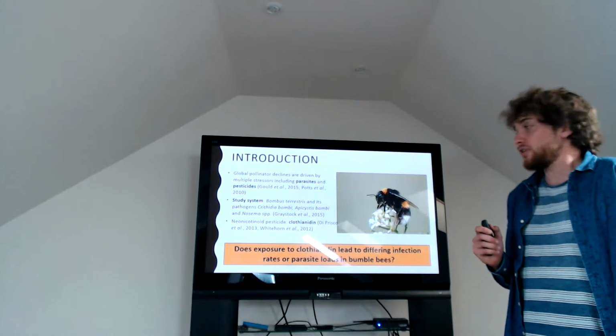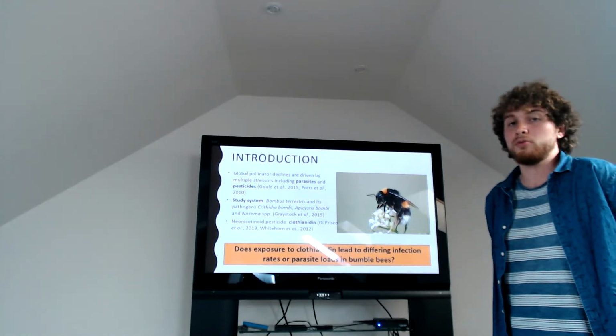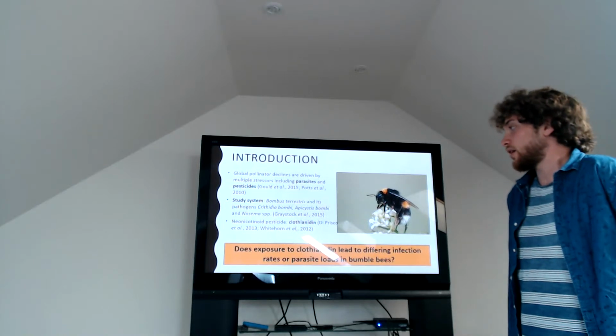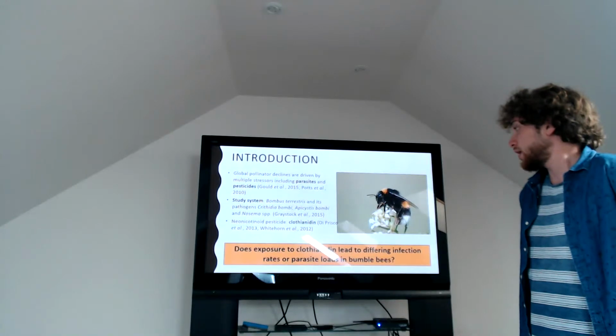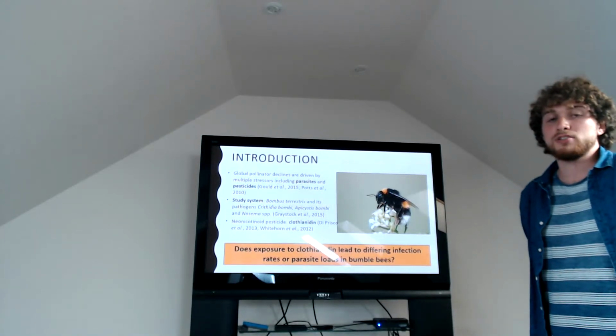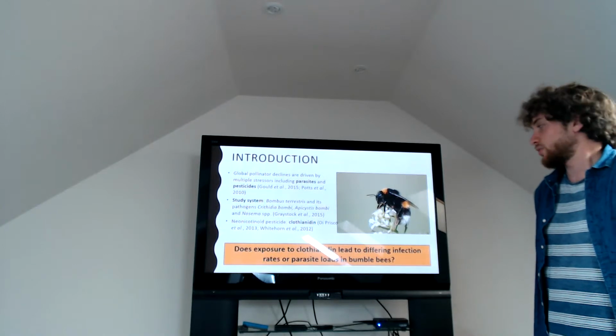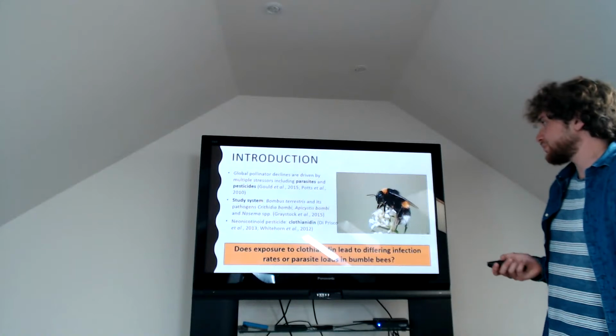And the pesticide we're looking at is clothianidin, which is a neonicotinoid pesticide, which you might have heard of from the news, and has quite bad effects on bumblebee health. So we were wondering whether exposure to this pesticide would lead to increasing rates of parasites in bumblebees.